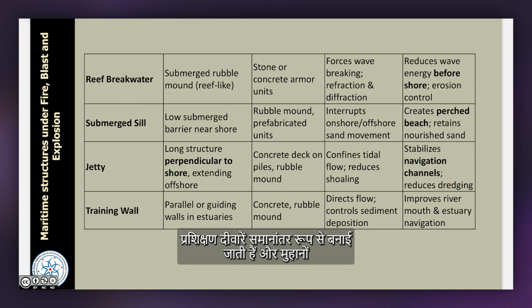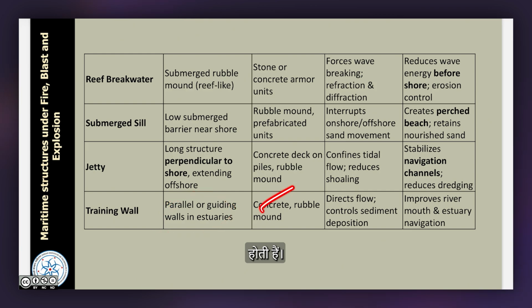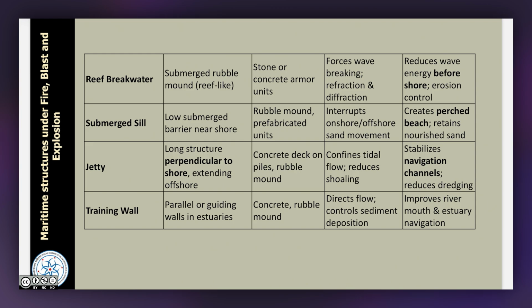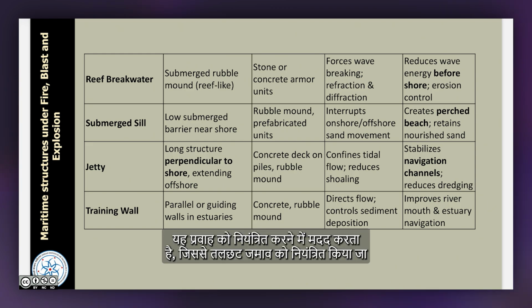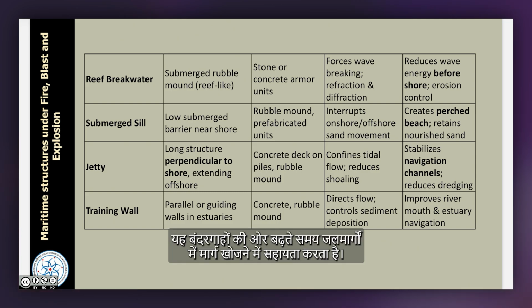Training walls are constructed parallel and help in guiding the flow in estuaries. Usually concrete or rubble mound is used to construct training walls. It helps in controlling the direct flow, and also controls sediment deposition. It helps in navigating the channels as they approach the harbours.